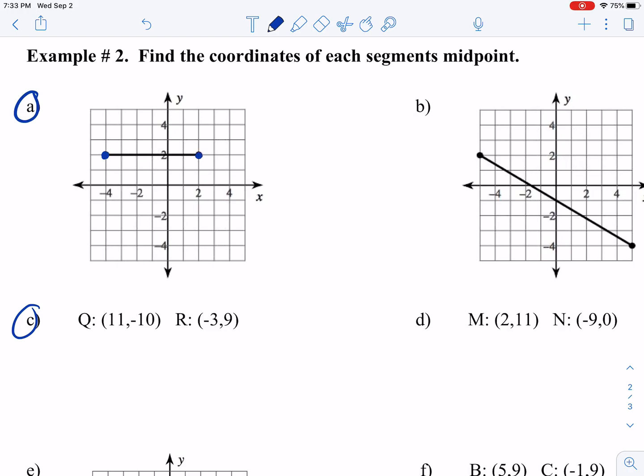This is at -4, and this endpoint is at +2. If we just find the average of the two x coordinates, we get -2/2, which is -1. Here's our -1. We know that it needs to be at the same y coordinate because it's a horizontal line. So our midpoint would be at -1, +2.